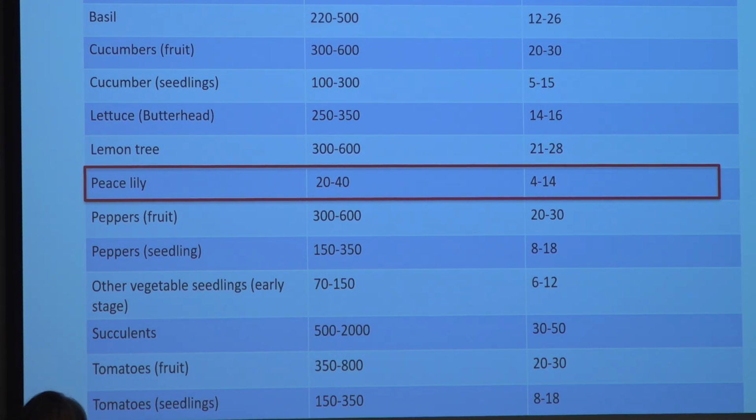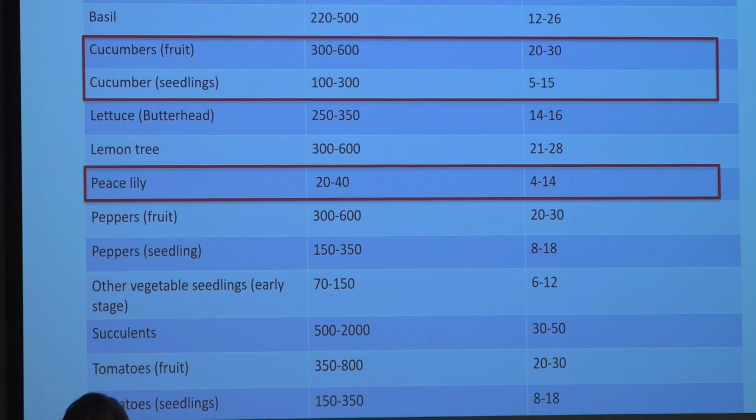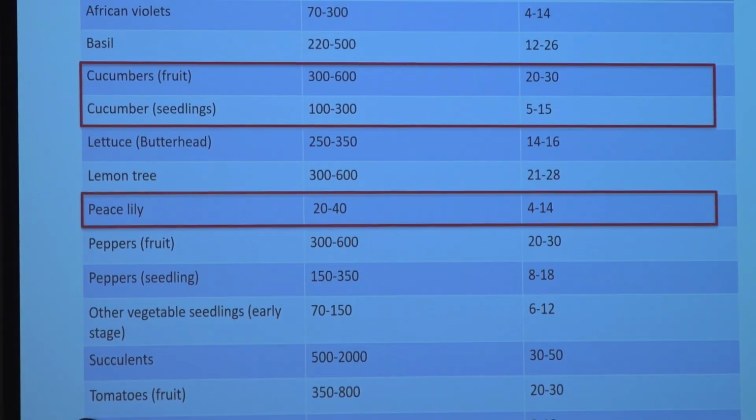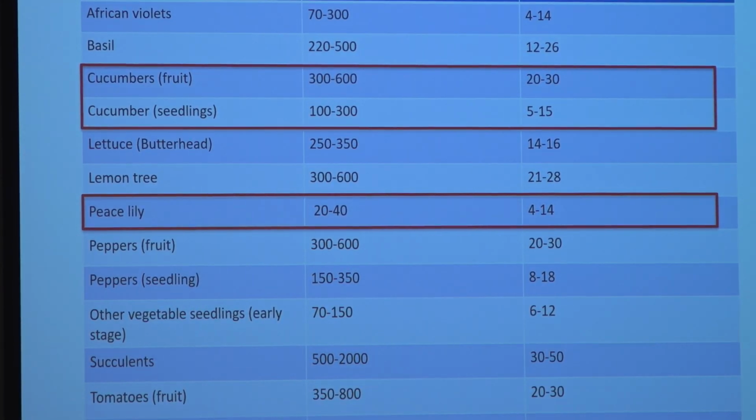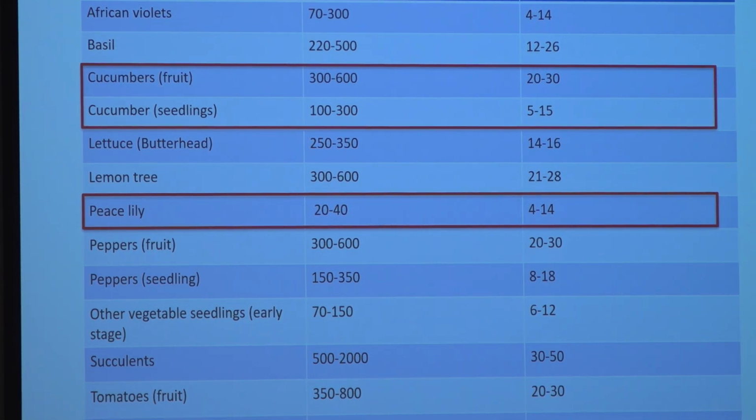How does that compare to cucumbers? Focusing on the line that has cucumber seedlings, so we're thinking our cucumber transplants that we're starting indoors. It's good to have a light intensity or PPFD of 100 to 300 or a DLI of 5 to 15. So that's getting you a range.